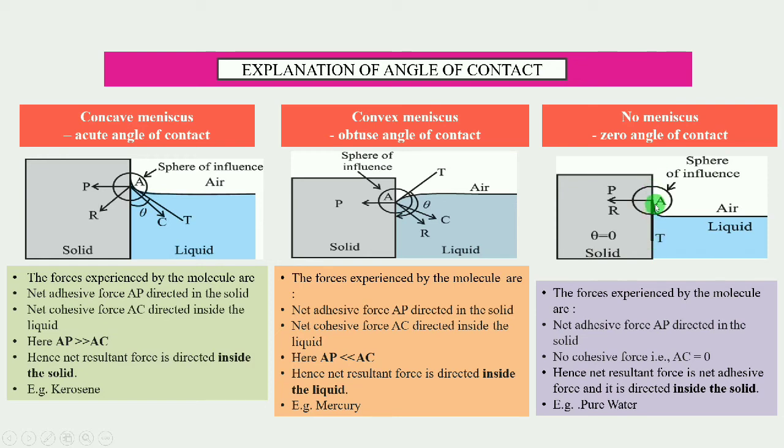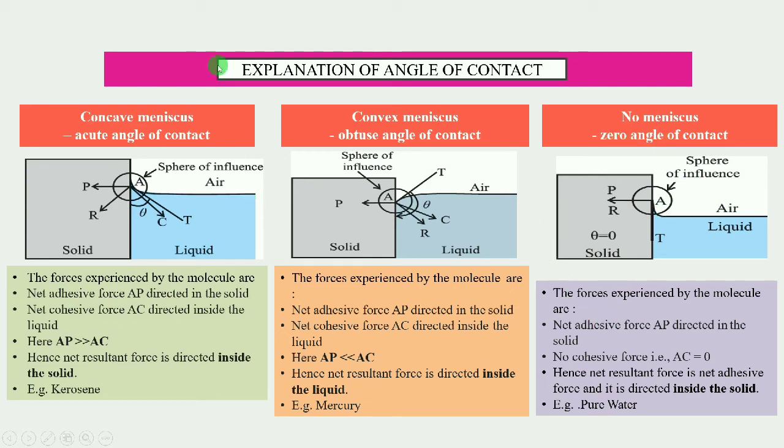This is along the solid, that is the AT vector. So the angle of contact is the angle between AT and the solid surface, that is the same line, so the angle of contact is 0. So there is no shape of the meniscus, that is, there is a plane or horizontal meniscus. So for pure water and glass, the shape of the meniscus will be horizontal, with no meniscus and angle of contact 0.